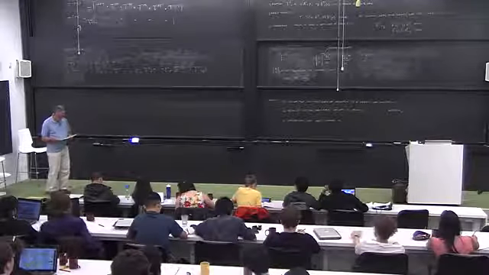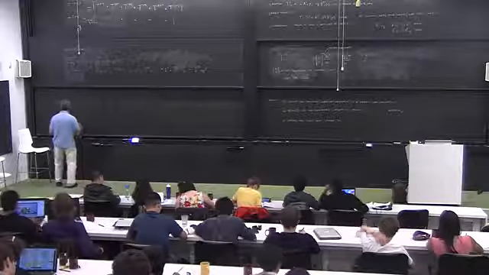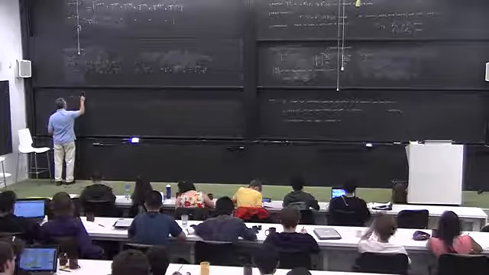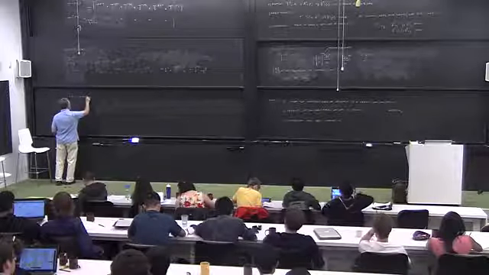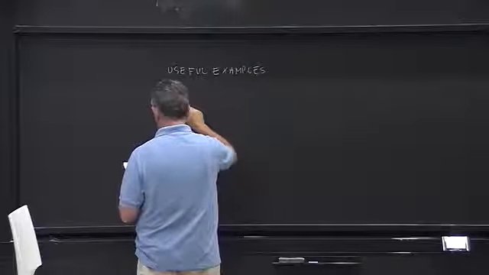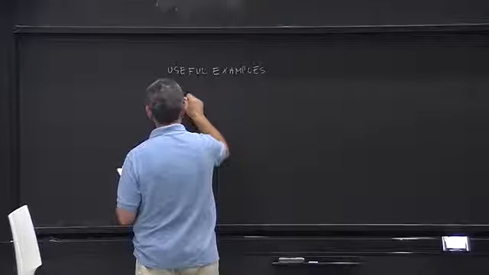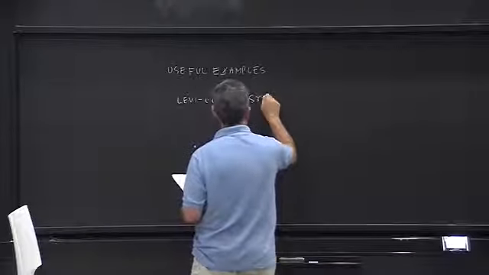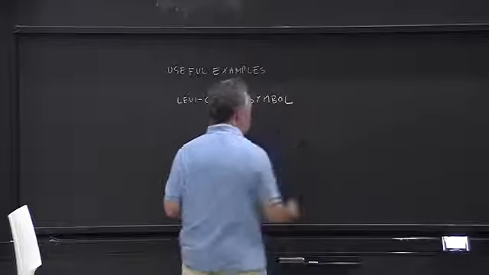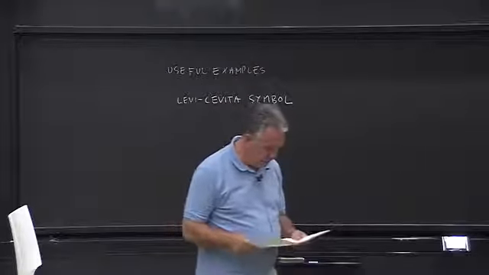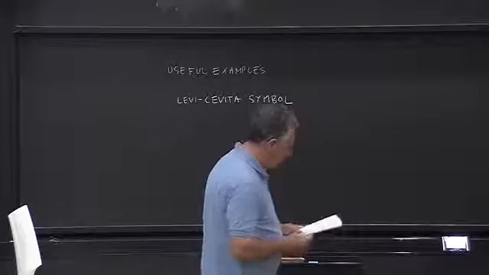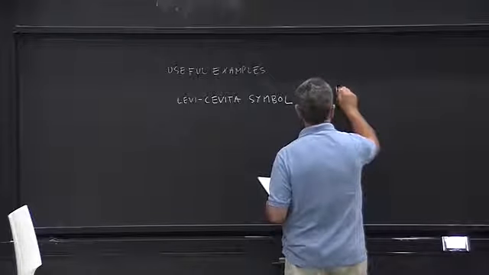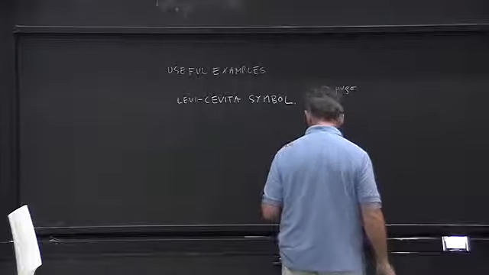Now, there are some useful examples that we'll come across quite frequently. First one goes by the name of the Levi-Civita symbol, or it's sometimes called the alternating symbol. It's denoted by epsilon with 4 indices, mu, nu, rho, sigma.